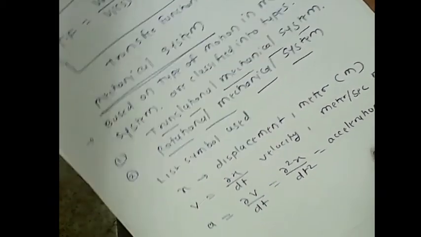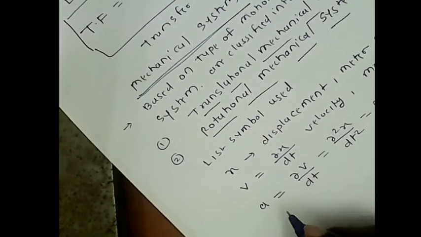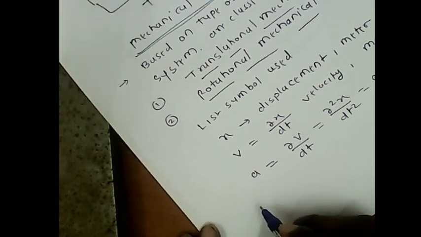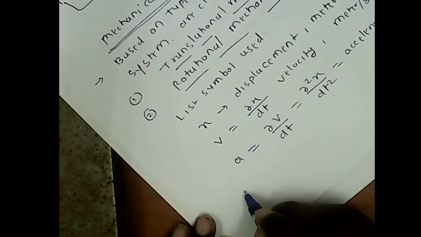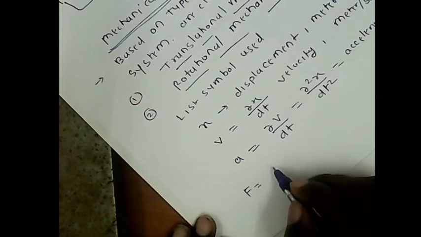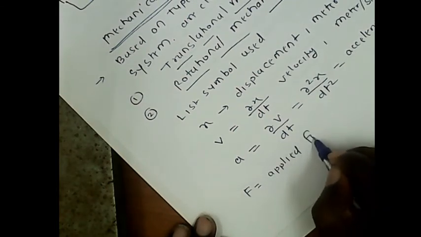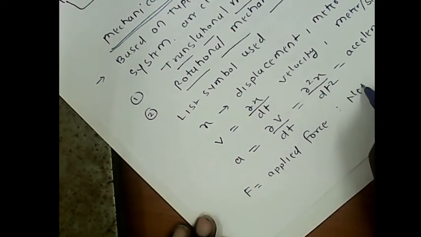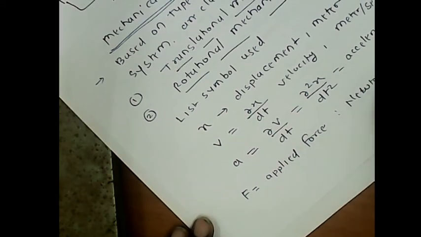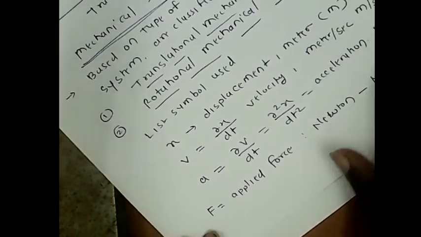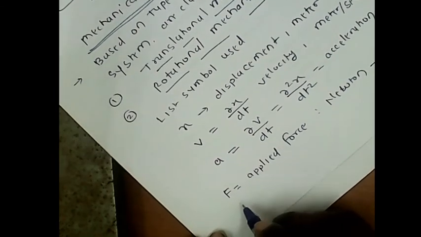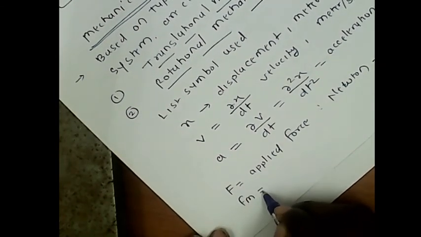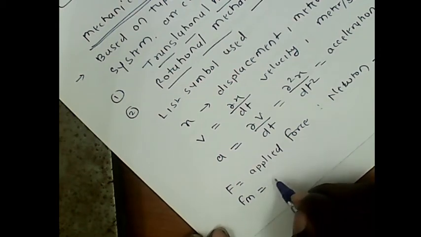Okay, meter per second square. Now we also define the force in translation motion, that is F is equal to applied force, which is to be measured in Newton, that is denoted by capital N. Then opposite force in translation motion, that is denoted by Fm.